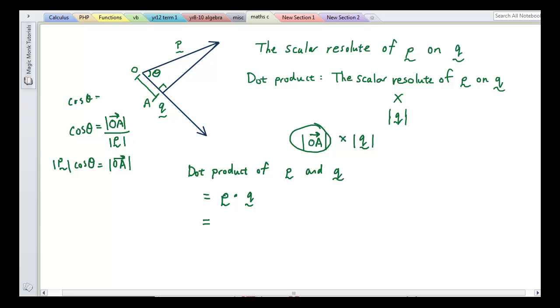So cos theta equals A over H, if you remember basic trig. So I'm substituting the length of this side and the hypotenuse, and then I rearrange it to make OA the subject.